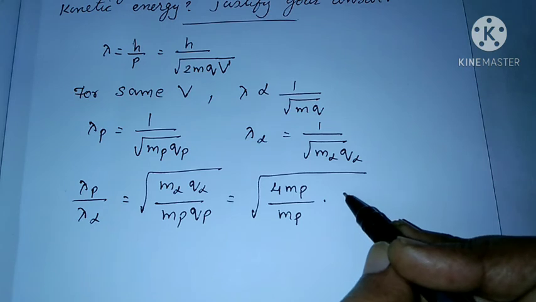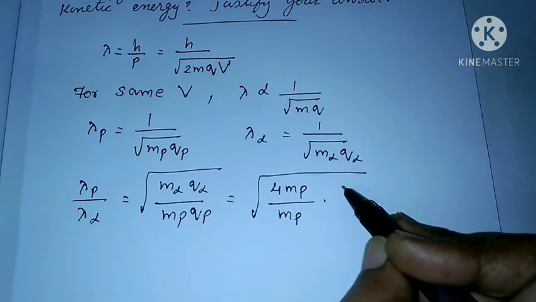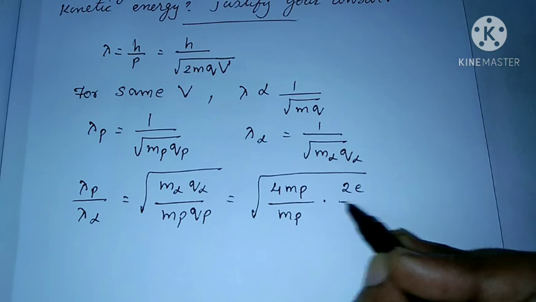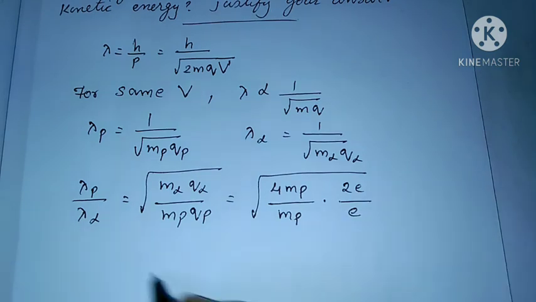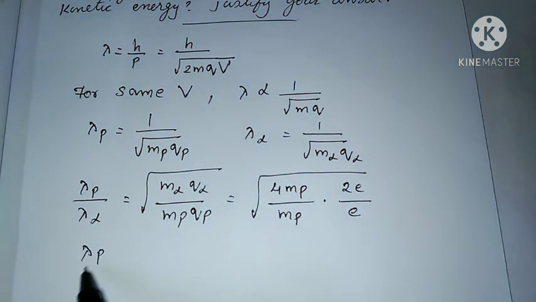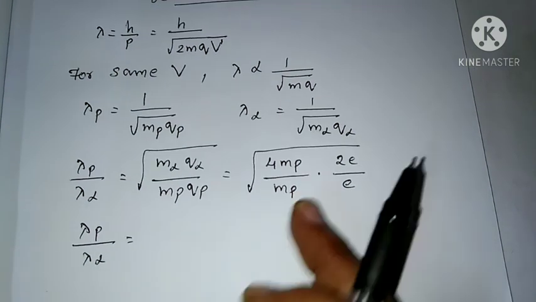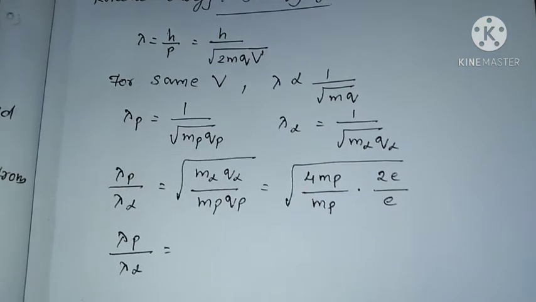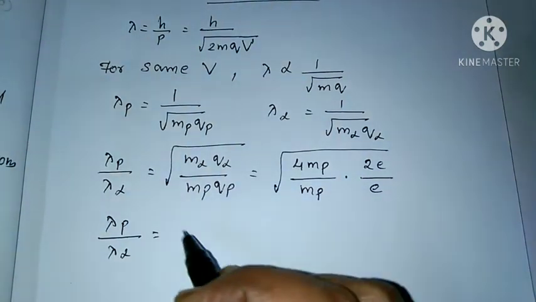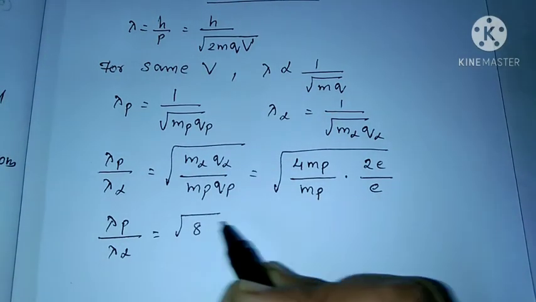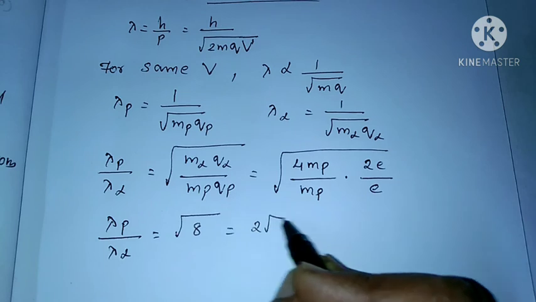If e is the charge of the proton, the charge of the alpha particle is 2e. After that, mp and e cancel. Then what is remaining is root 8, which is equal to 2 root 2.